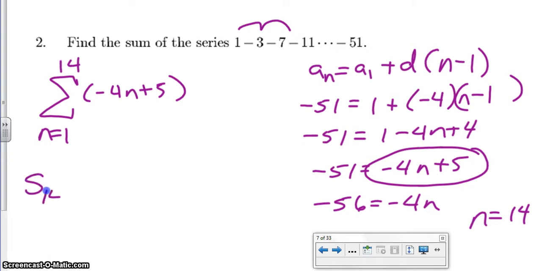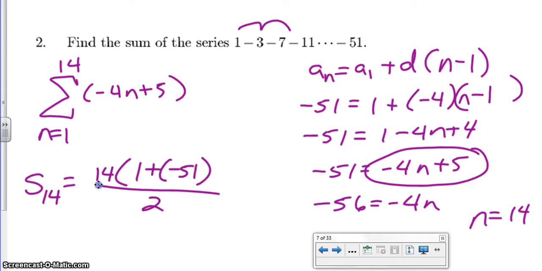The series sum at 14 is equal to 14 times the first term. Well, silly Mrs. Rose, that's 1, plus the last term, that's negative 51, divided by 2. Okay, using my handy-dandy calculator, 14 divided by 2 is 7. 7 times negative 50 happens to be negative 350.